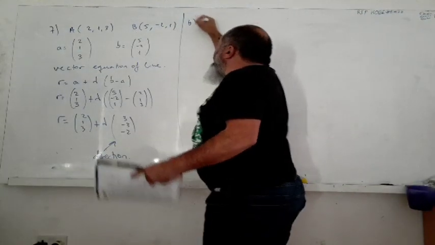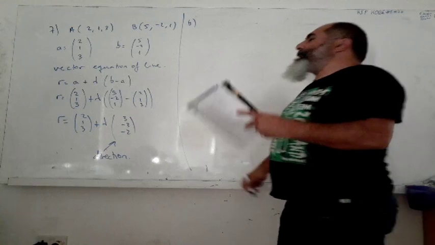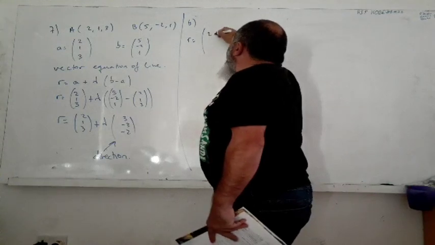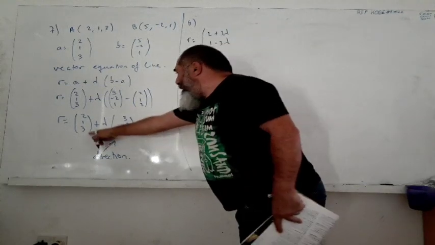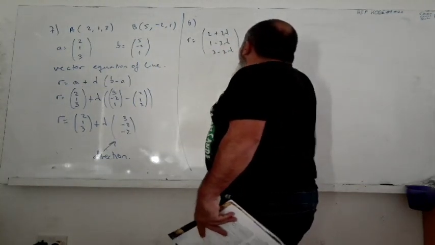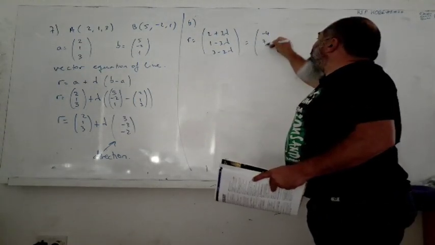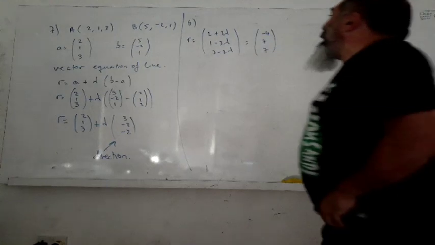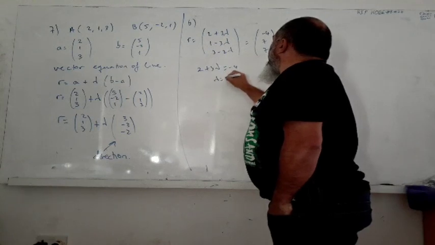Now, part B. Show that the point minus 4, 7, 7 is on line L. R can be written as 2 plus 3 lambda, 1 plus minus 3 lambda, and 3 minus 2 lambda. And in the question it said that minus 4, 7, 7 is on this line, so we have to have a constant lambda for each point.